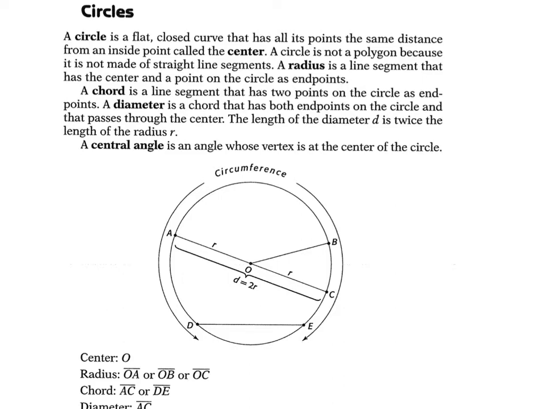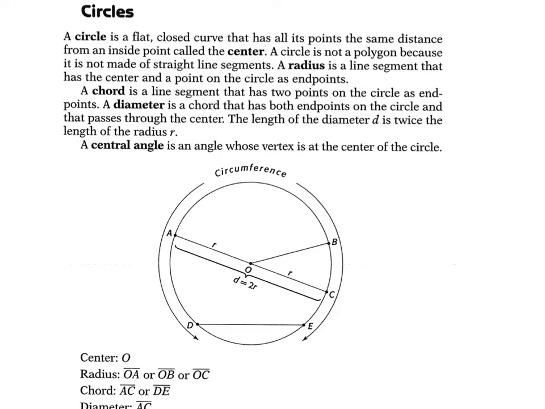A chord is a line segment that has 2 points on the circle as endpoints. The diameter is a chord that has both endpoints on the circle and that passes through the center. The length of the diameter d is twice the length of the radius r. A central angle is an angle whose vertex is at the center of the circle.